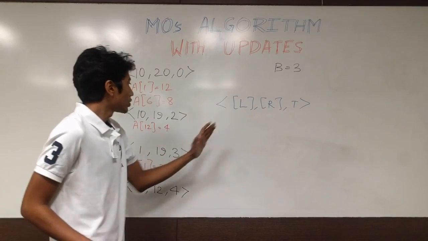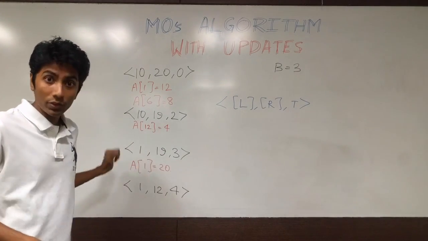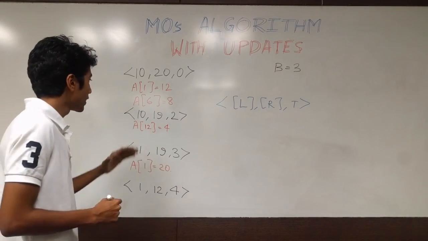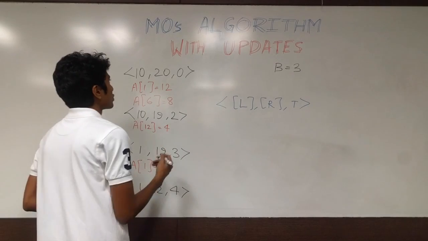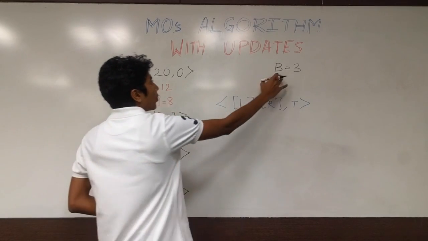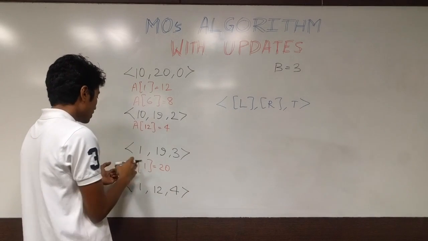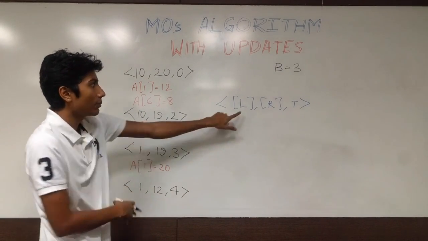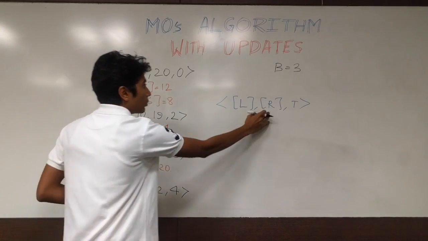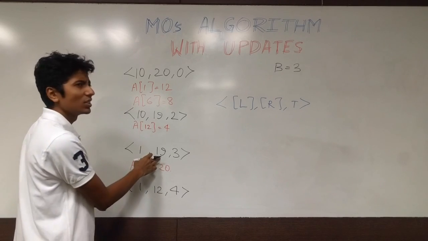And so if we sort the queries now, it's not like you get rid of the updates, you keep them in a separate list. And these queries, the range queries will be sorted in this way. So block size is equal to 3, which means the smallest query is over here, 0, 0. So both of them fall in the same left block index. We need to use the right block index now. 19 and 12, 4 and what, 6?